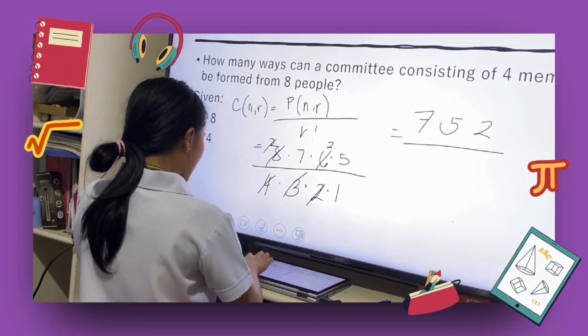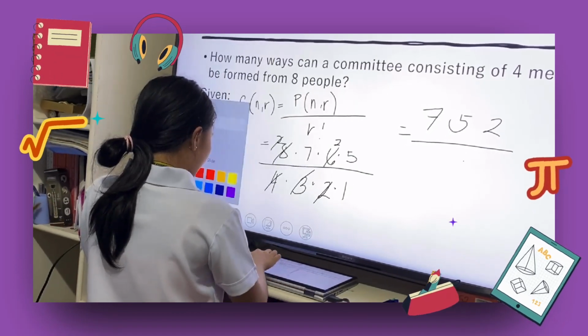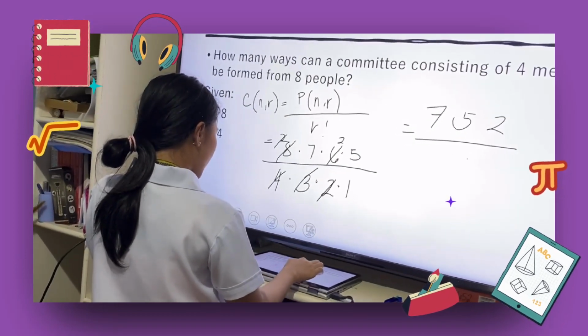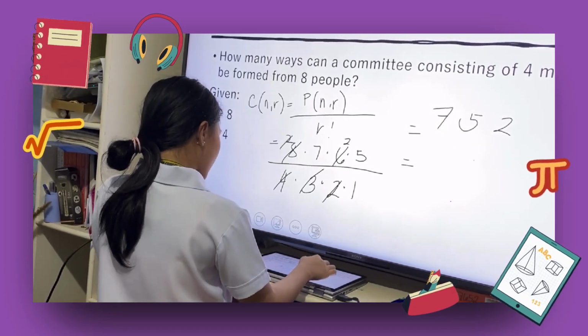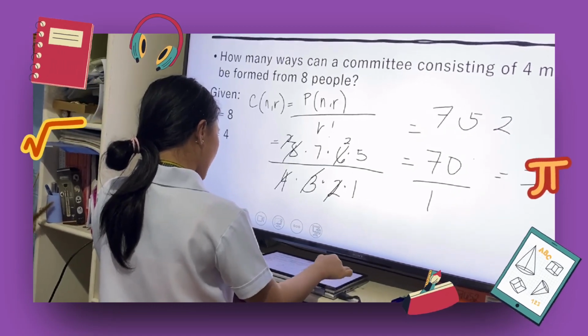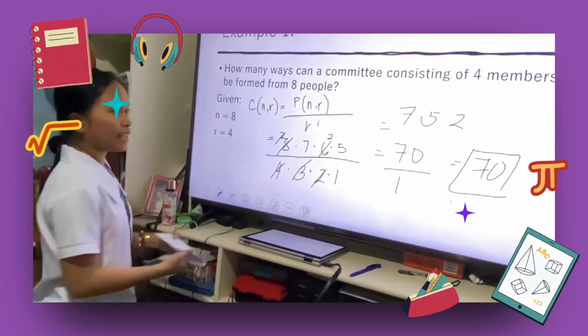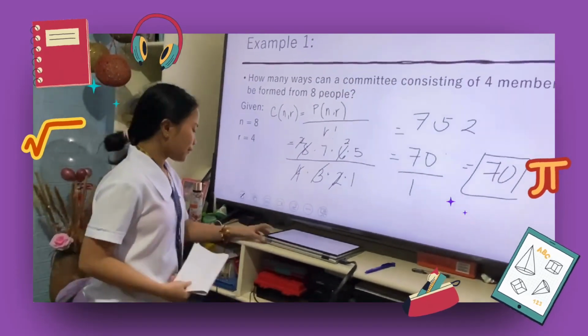Oh wait, it's over 1. So we need to multiply these first. It's equal to 70. So 70 over 1 is equal to 70. So you see, it's basically the same but with a little twist in the end.